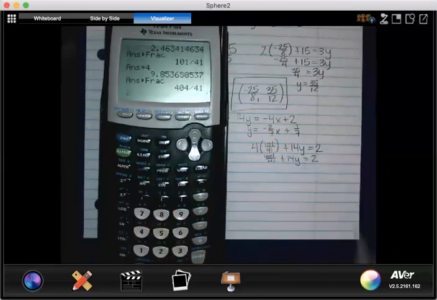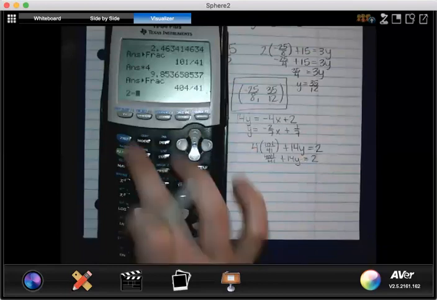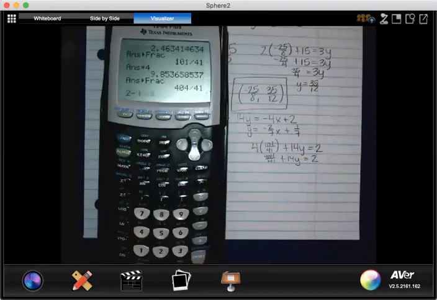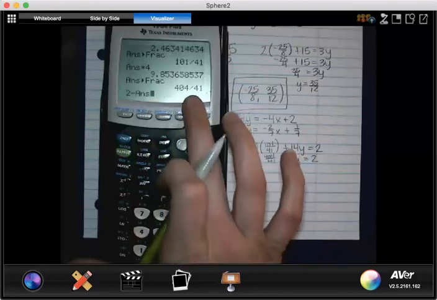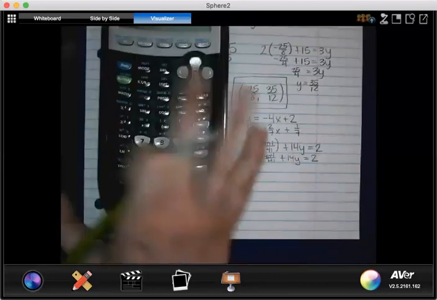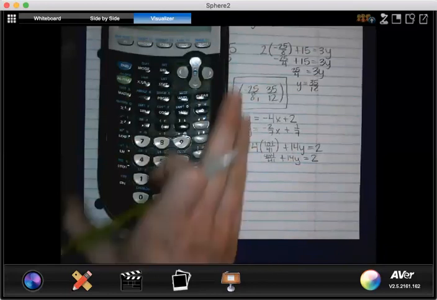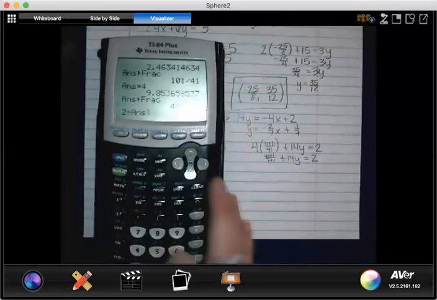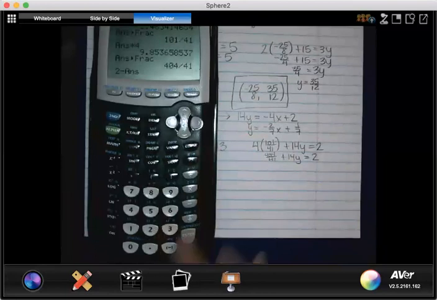Now we have to subtract that over. The nice thing is it's already in the calculator, so I can say 2 minus, and remember, if you hit second, negative sign, you get your answer again. If not, you can always just type it again.